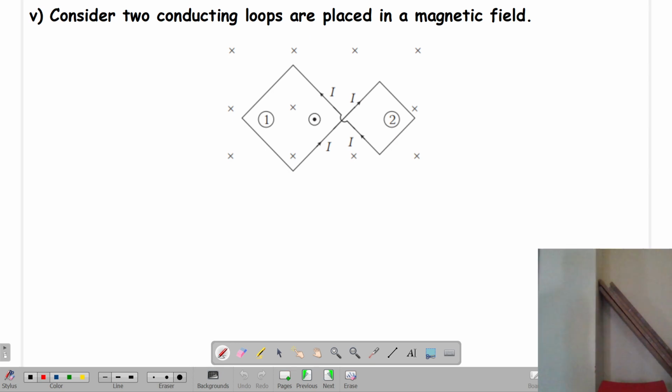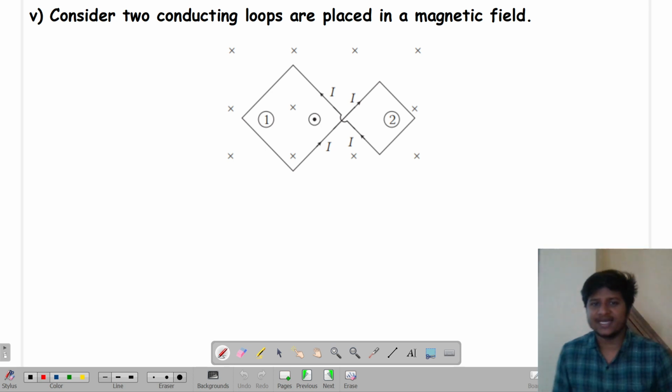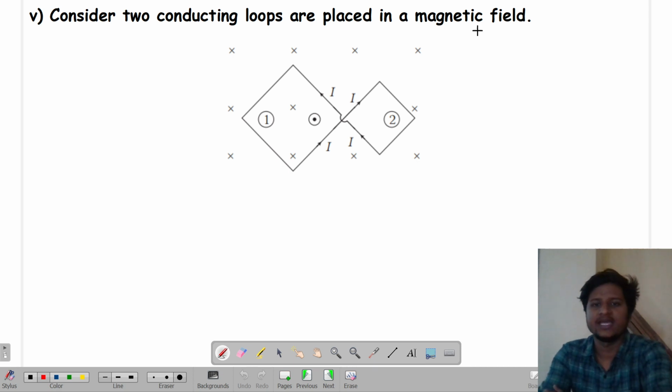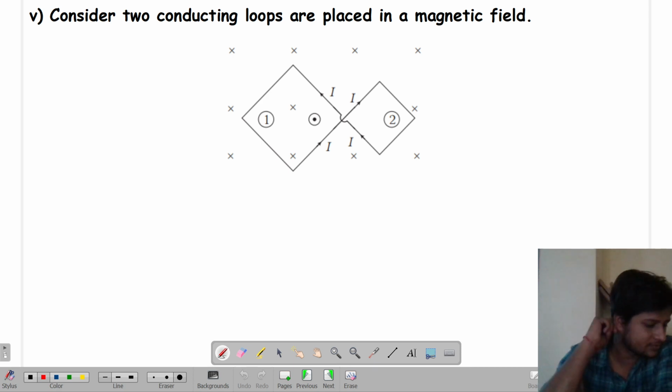Okay. Now, the fifth case is a kind of example. Let's suppose you have a particular inside magnetic field, okay? What kind of magnetic field is it? Inside magnetic field. And you have two loops over here. One bigger loop, another a smaller loop.